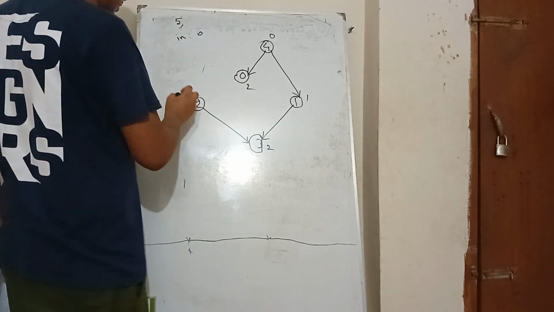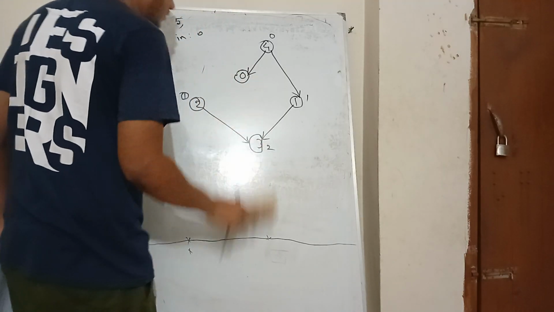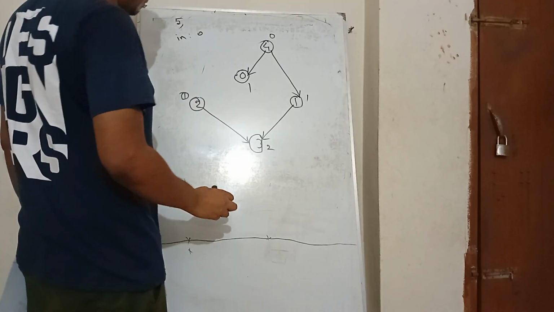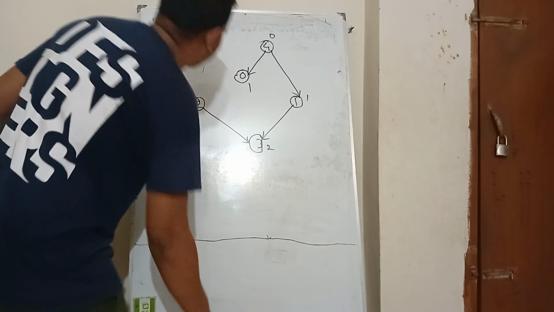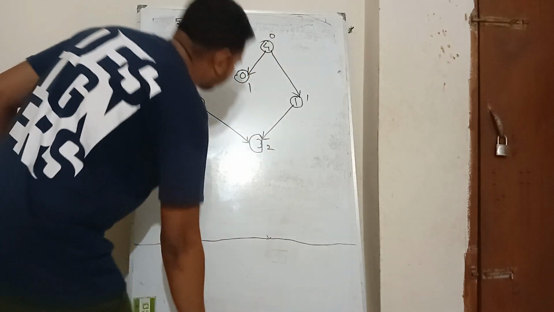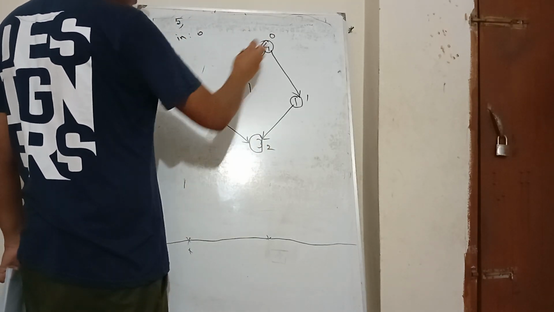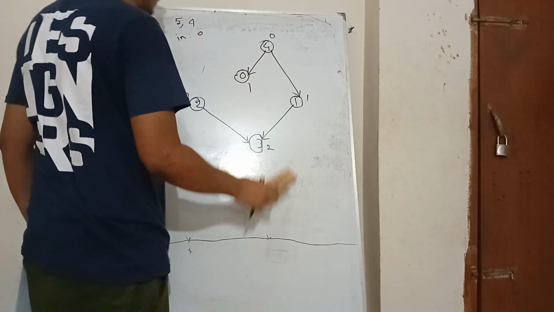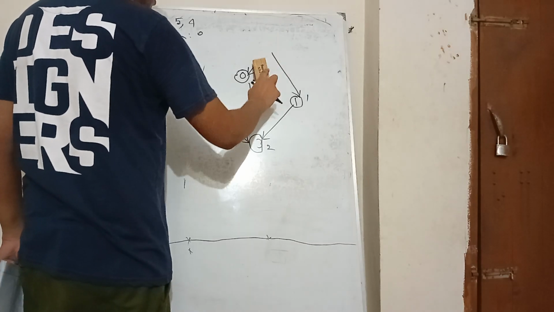Now 2 has in degree 0 and 0 has in degree 1. Now remove 2 or 4. We can remove anything, 2 or 4. Let's remove 4. This is not mandatory.